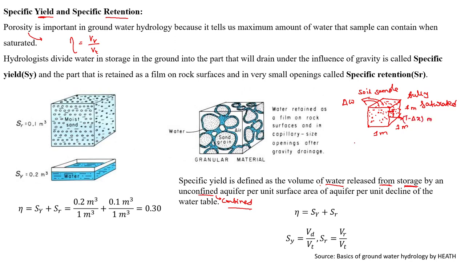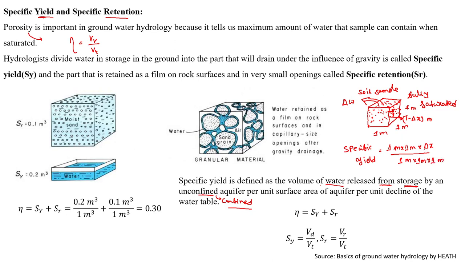Now how can we calculate specific yield? Specific yield is nothing but 1 meter into 1 meter into delta x, divided by 1 meter into 1 meter into 1 meter.